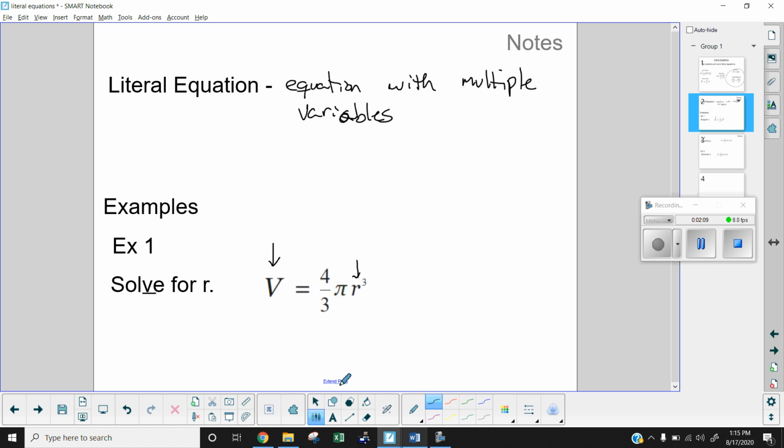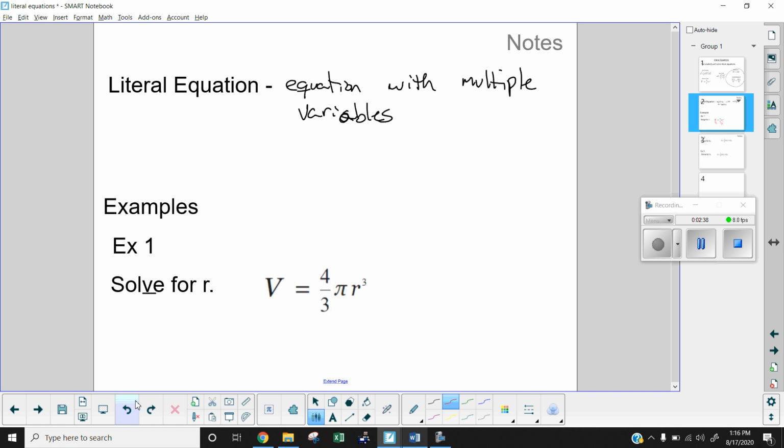So here, we're going to get r by itself, which means we need to somehow cancel off the 4/3, the pi, and the cubed. I'm planning and scanning there. I'm going to get rid of the 4/3 first, and a lot of you would probably think, oh yeah, I'll divide by 4/3. But on this left side, it's very messy to do that.